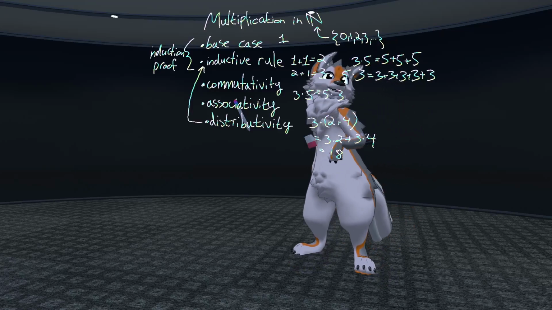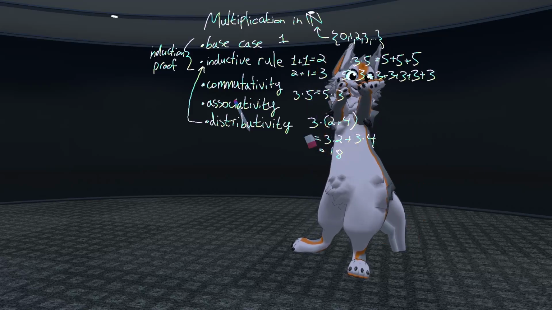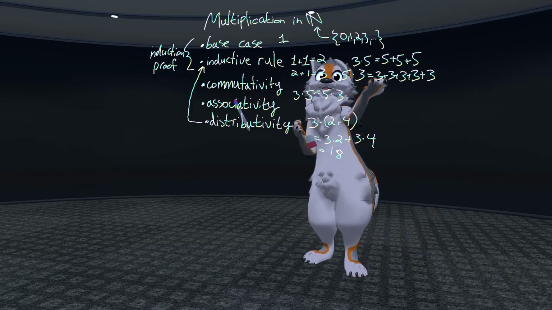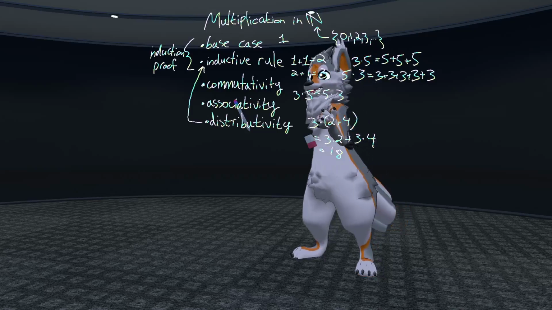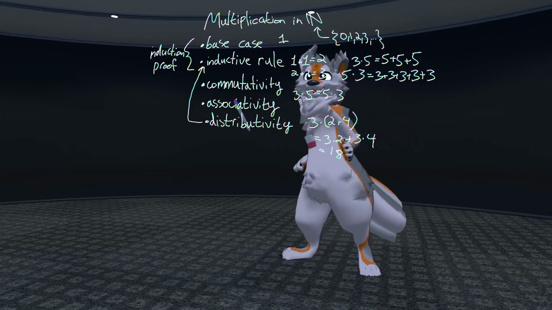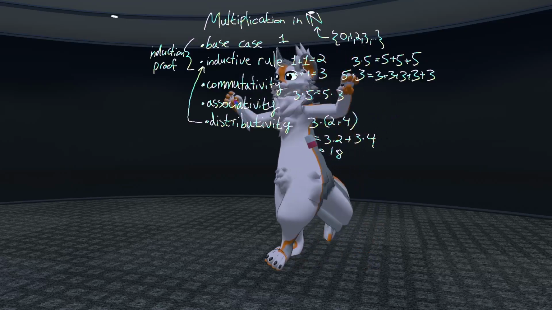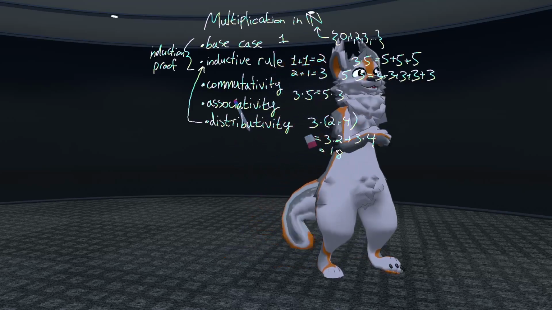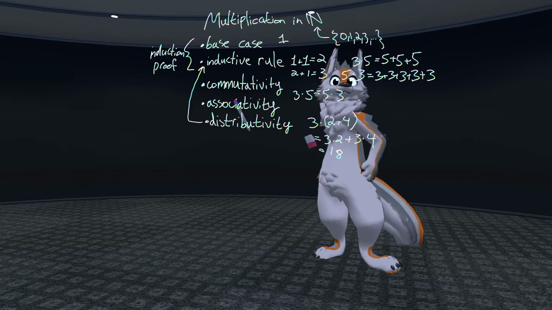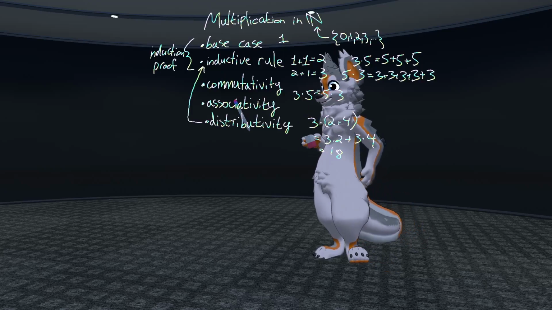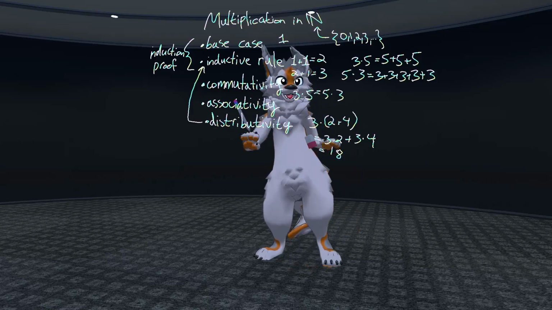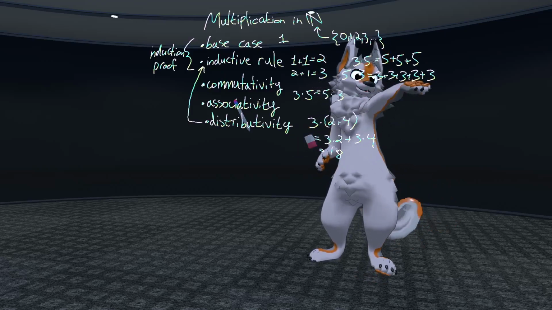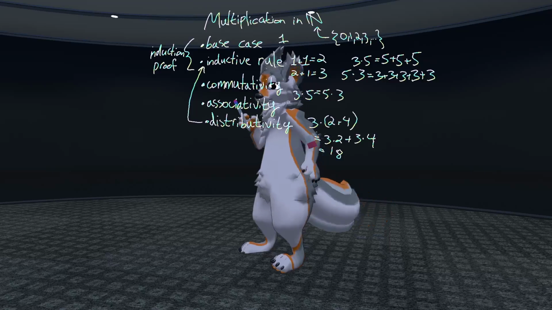So right off the bat, you wouldn't necessarily expect that this would be commutative, but it still turns out to be commutative, which I think is a wonderful miracle of our mathematical world, that multiplication is commutative like this. I think this is quite wonderful.